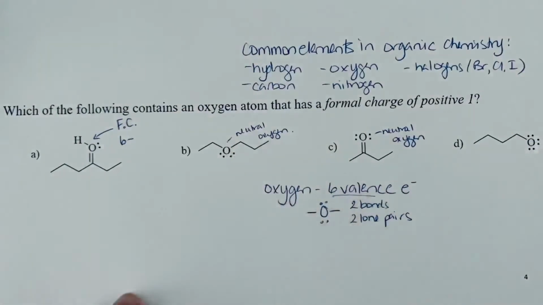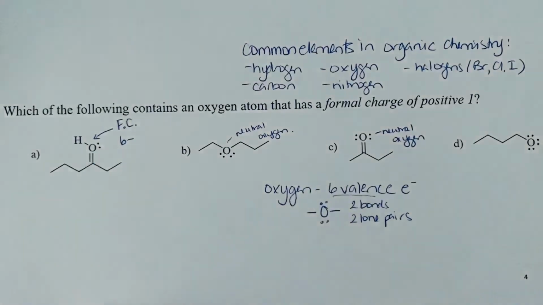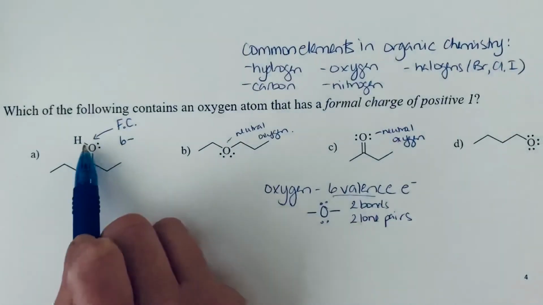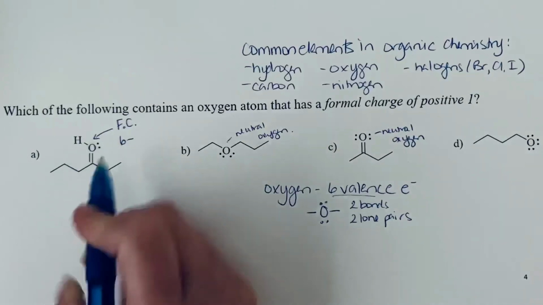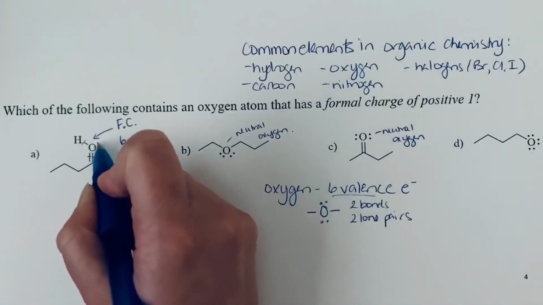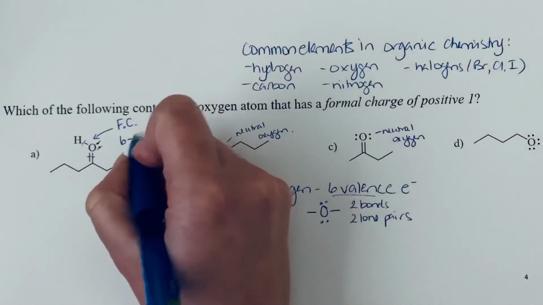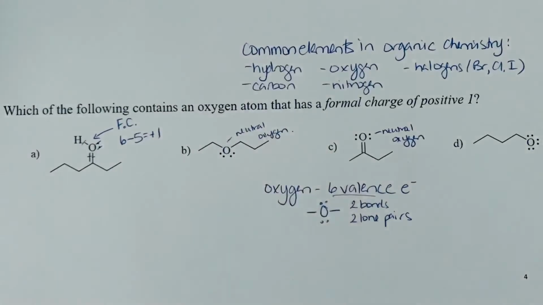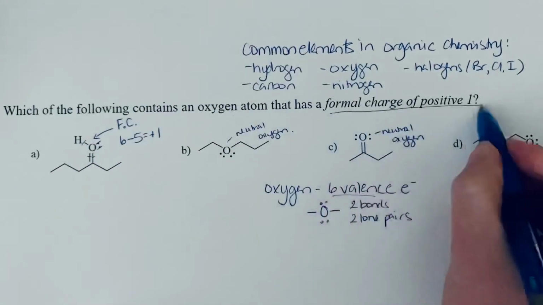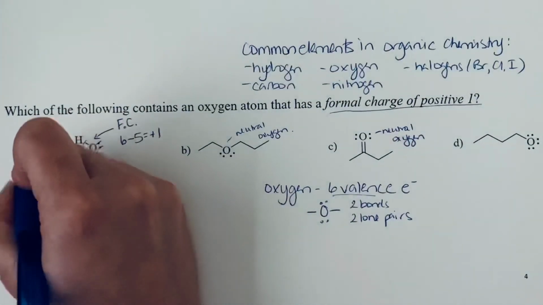So we simply count 1 electron from each covalent bond, so 1, 2, 3, and then any lone electrons, so 4, 5. So here we have 4 minus 5, so this is +1. So we have actually found already our oxygen that has a formal charge of +1.